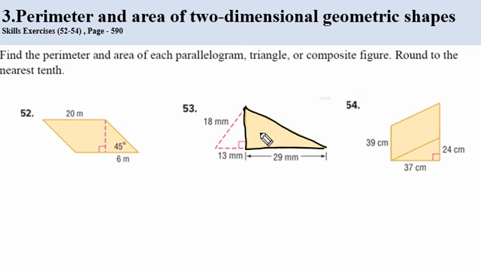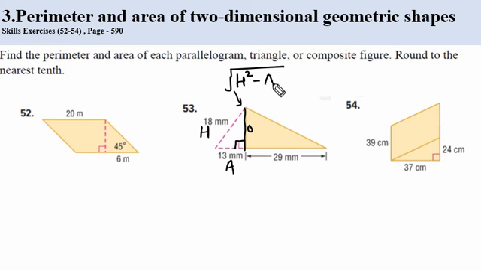Now how will I find this one first? To find this side first, I will use the Pythagorean theorem. This is your adjacent, this is your opposite, this is your hypotenuse in a right angle triangle. So to find the opposite, we do hypotenuse squared minus adjacent squared. Remember?